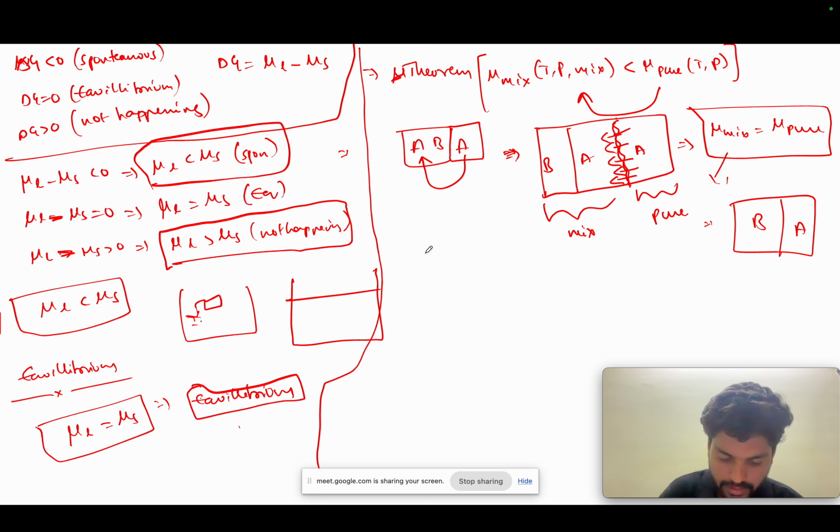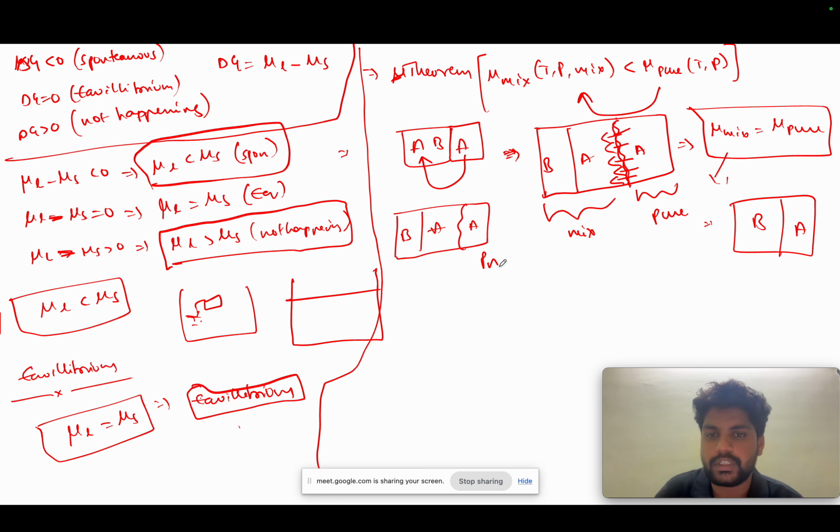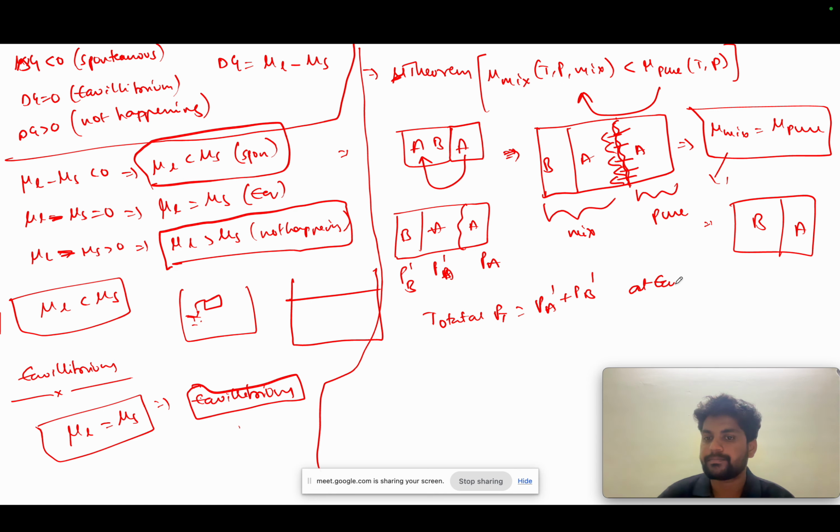So you need to remember this. Here it is B, A, here it is PA, just for the sake of understanding I have written it here. Now the total pressure, P total equals PA cap plus PB cap, say at equilibrium.